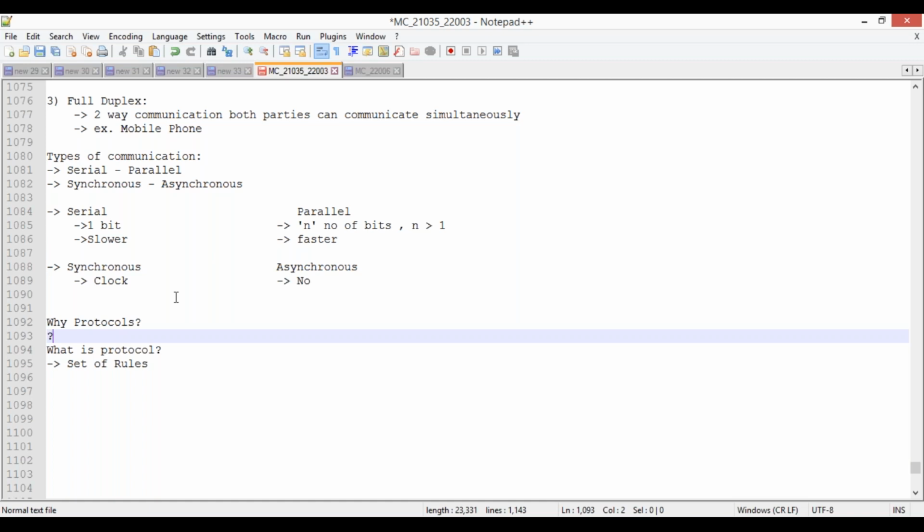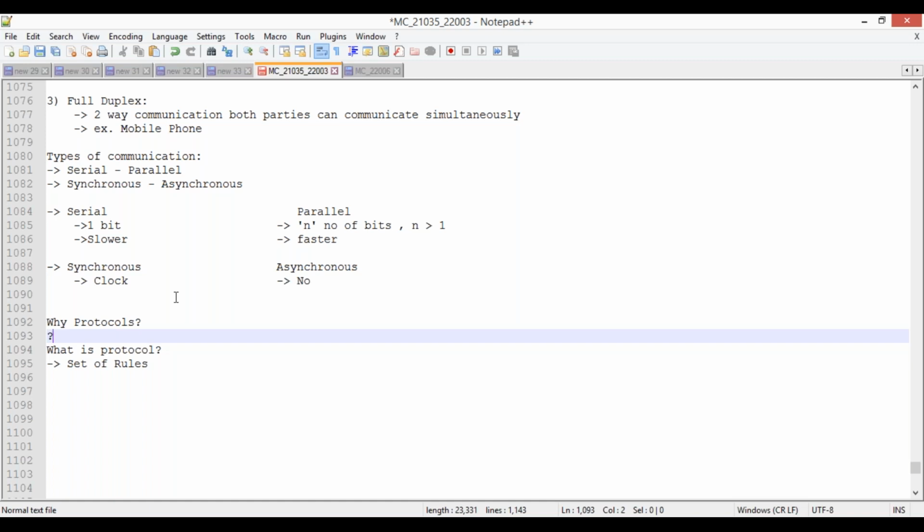Don't be biased while answering. Answer honestly. If you ask me, sometimes I follow, sometimes I don't. It's as per our comfort. Sometimes we follow, sometimes we don't. I hope everybody agrees with me. Now the question is, why do we want to follow protocols?